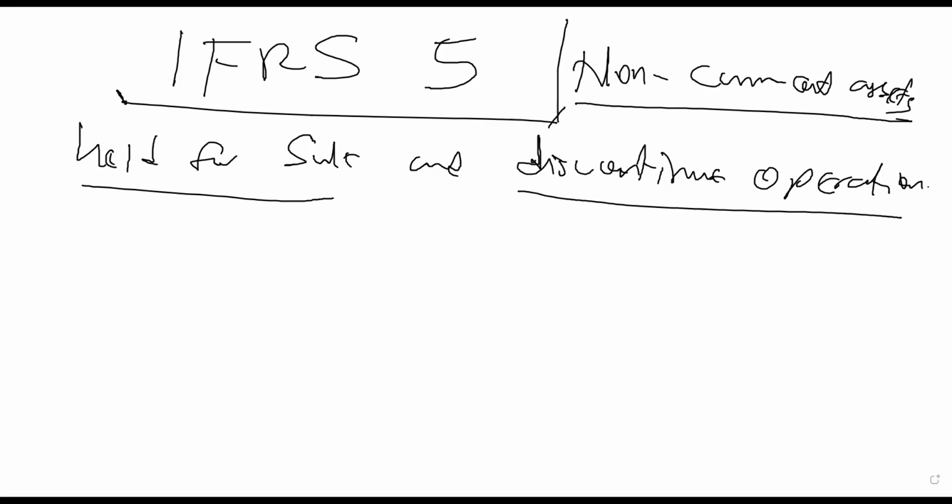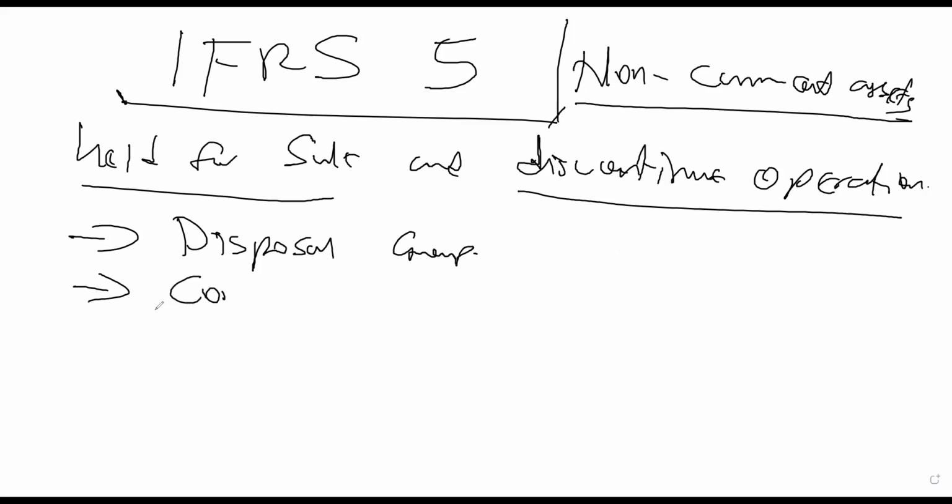So first of all, you should know the conditions and there are some few items. Number one, you should know what you call a disposal group. You should know what you call a discontinued operation. What constitutes a discontinued operation?